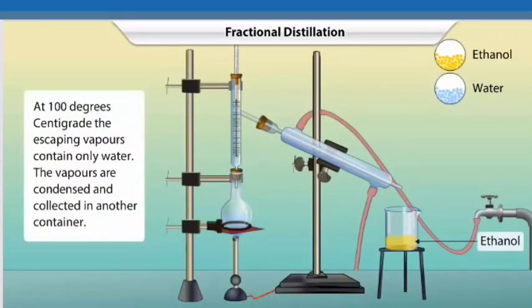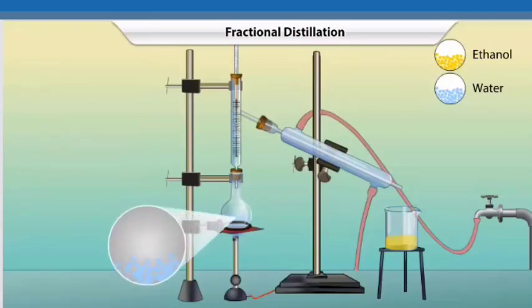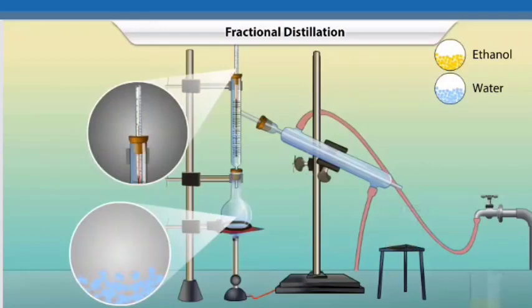When all the ethanol has boiled off, the temperature starts rising again till it reaches 100 degrees centigrade. At this stage, the second component, that is water vapor, rises in the fractionating column. The vapors are condensed and collected in another container.